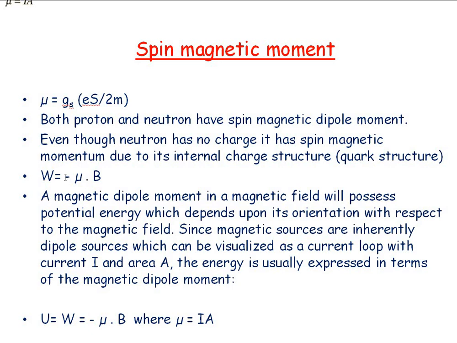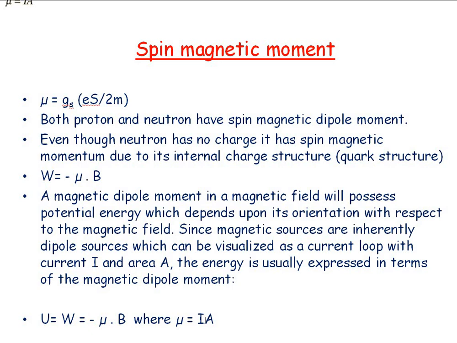So when it is anti-parallel, its energy is positive. When the magnetic field and the magnetic dipole moment are parallel, it is in the lower energy state. When they are anti-parallel, it is in the higher energy state.